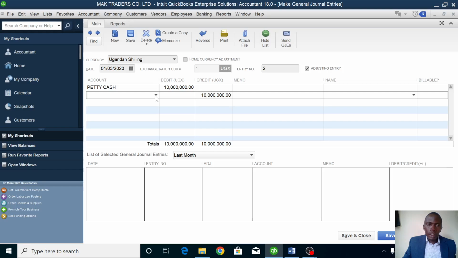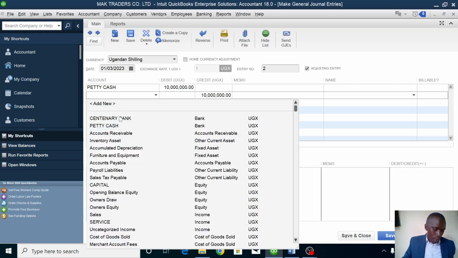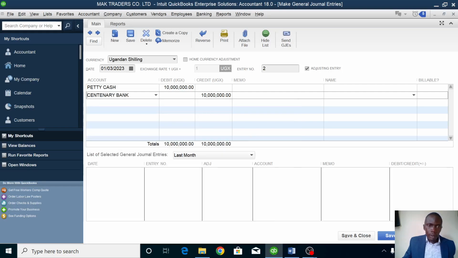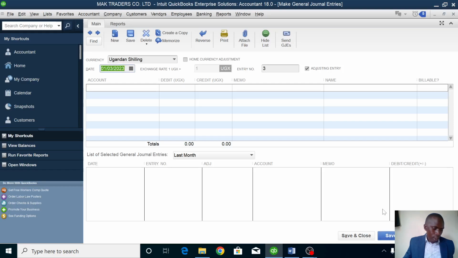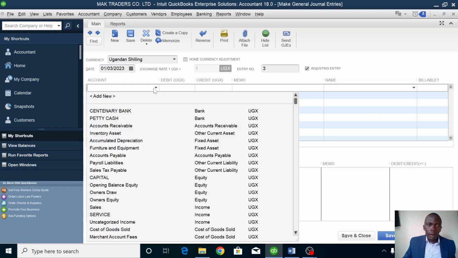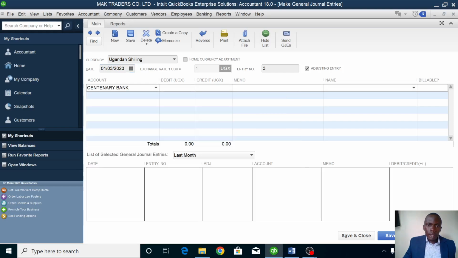Then we credit our bank because it was withdrawn from the bank, which is Centenary Bank. We save and new. Have another transaction on 3rd. They are saying obtain the 5-year bank loan. So our bank was debited with 100 million.